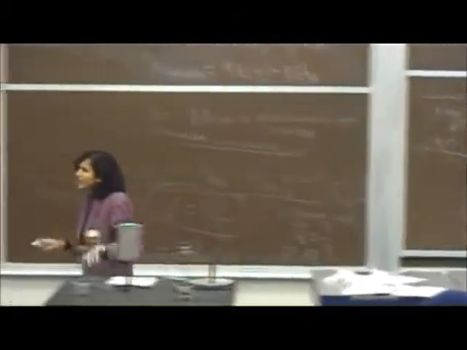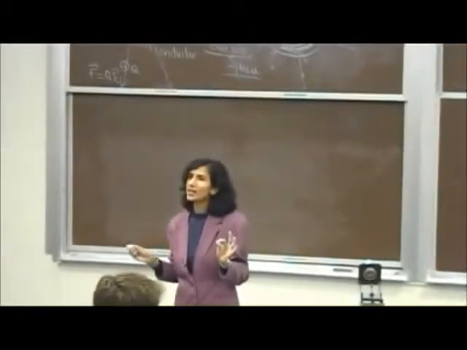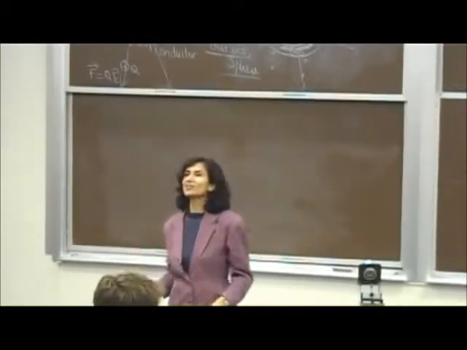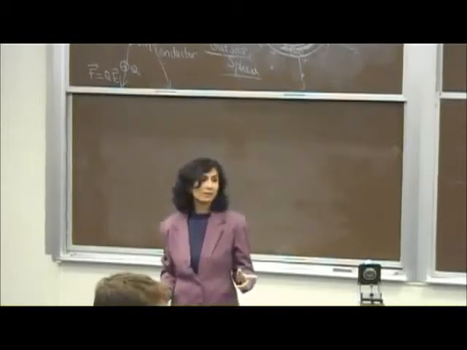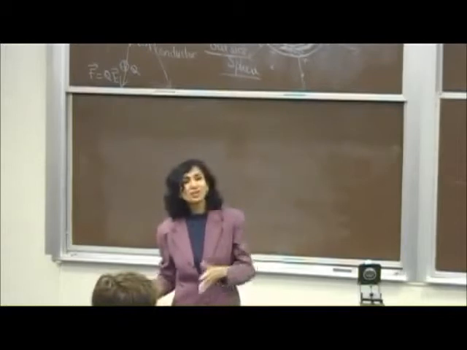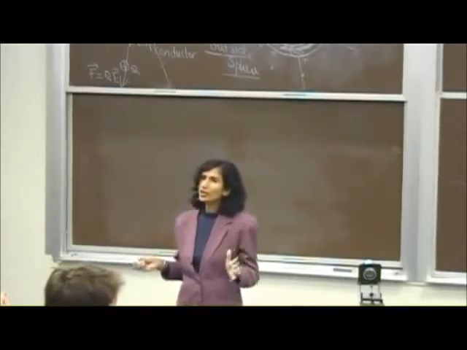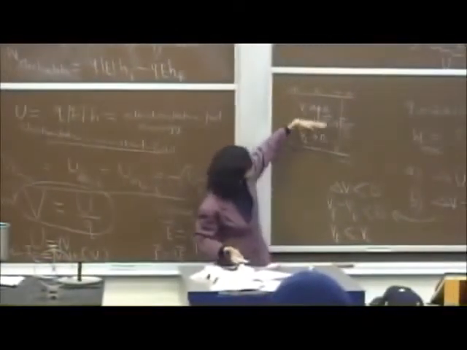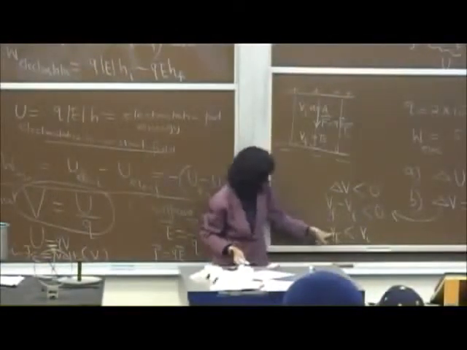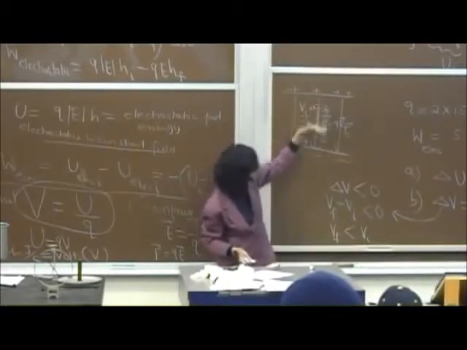But in the language of potential, what would you say? A positive charge always accelerates from what kind of potential to what kind of potential? Tell me. From higher potential to lower potential. Because potential is not defined by a constant value, you can always add a constant to the potential. But do you notice that when this charge is accelerating this way, Vi was more than Vf? That means a positive charge is accelerating from higher potential to lower, right?